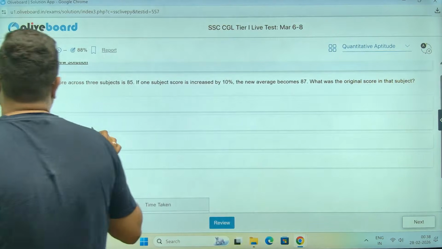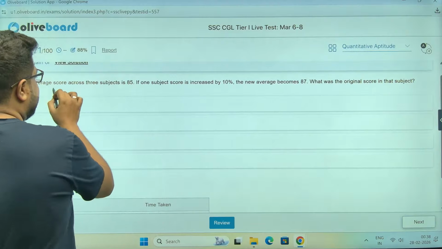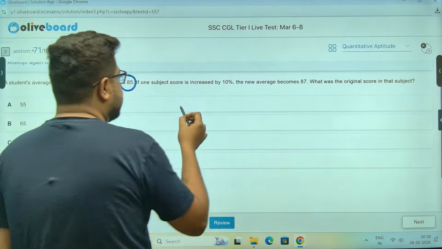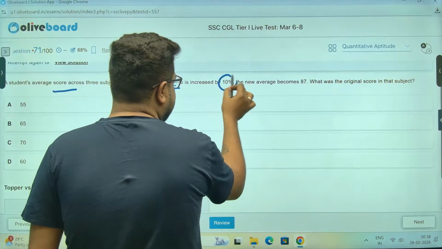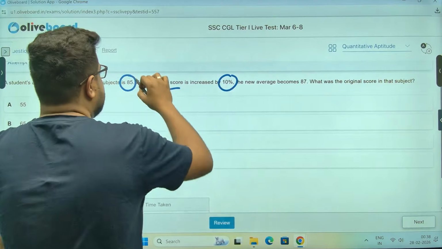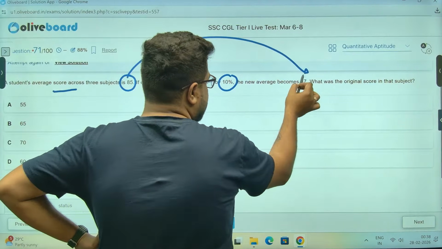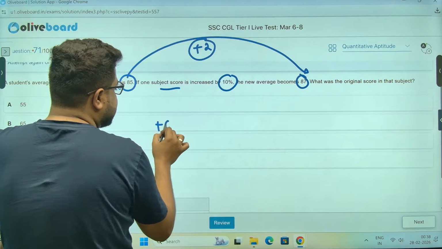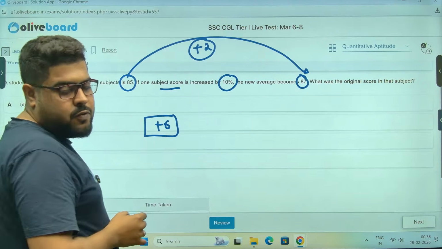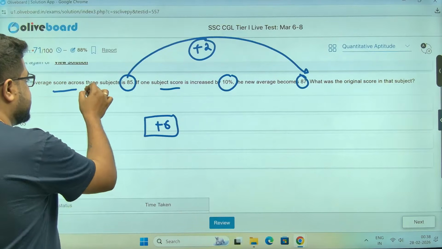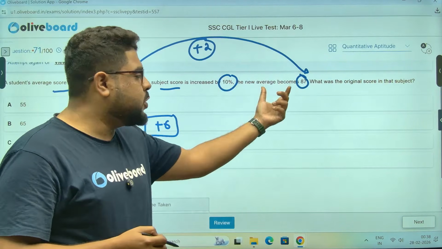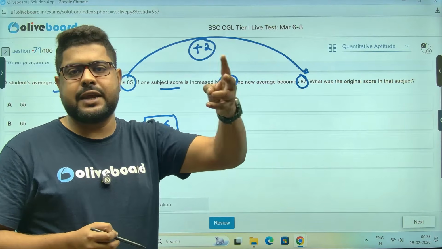Next question, please, sir. A student's average score across these three subjects is 85. One subject score is increased by 10%. The new average becomes 87, meaning increment of 2, meaning total increment is 6. Why, sir? Because there are three subjects. So every average increment meaning increasing by 2, meaning every subject is increasing by 2.